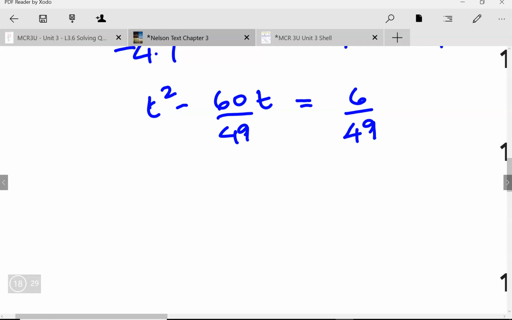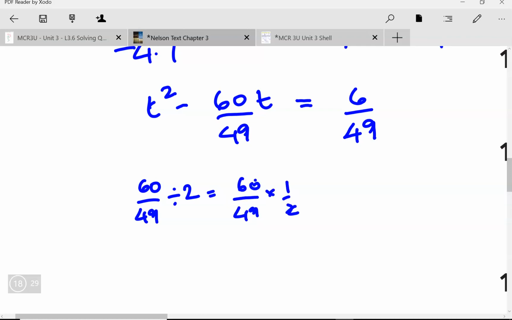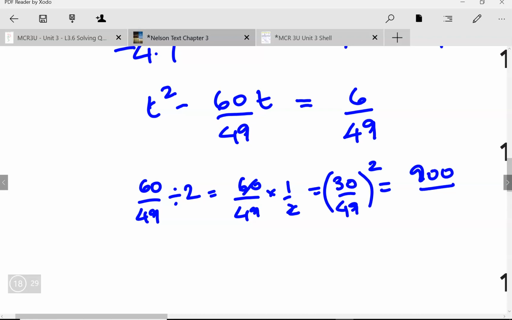So step 2 is do 60 over 49 divided by 2, which is 60 over 49 times 1 over 2, which is actually 30 over 49. I am going to have to square that, unfortunately, which gives me 900 divided by 49 squared, which is 2,401.